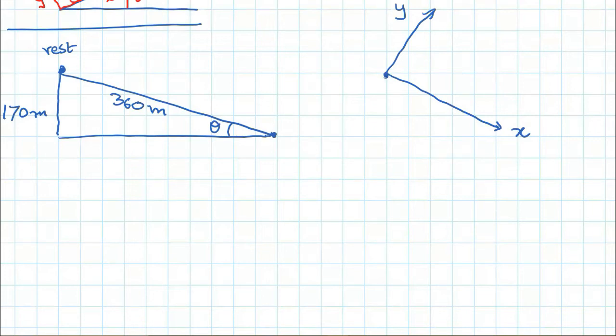And then the acceleration due to gravity is acting vertically downwards. And 90 minus theta, because this is horizontal and this is vertical. So this angle is 90 minus theta. We may not need it, but I'm just drawing the picture.